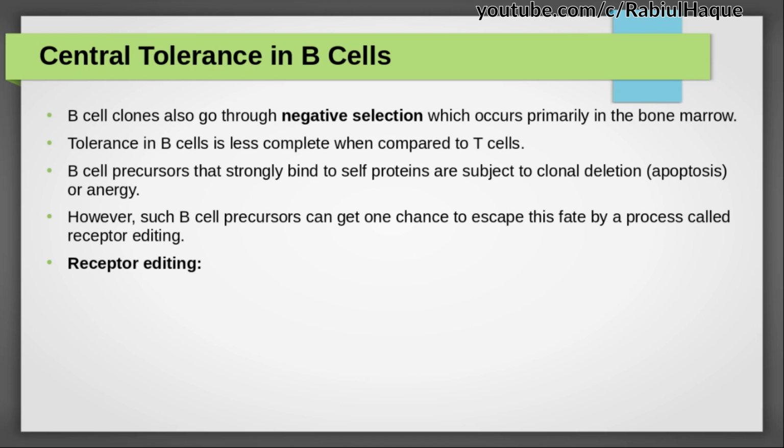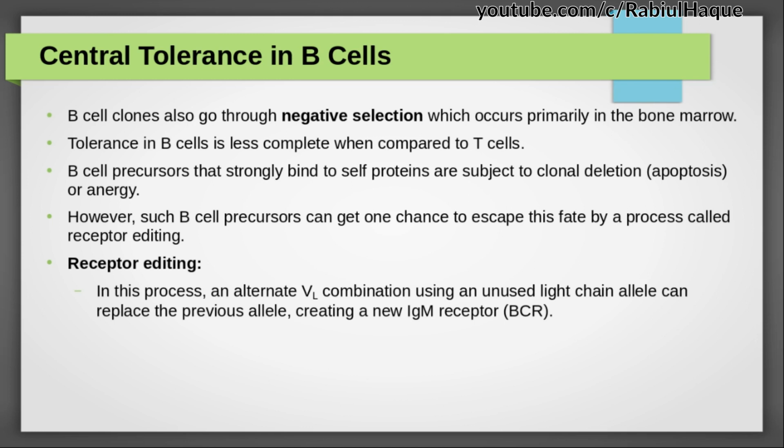So we have a lot of variants or alleles that can make the light chain. So what is happening in receptor editing? In this process, an alternate VL combination is made by using an unused light chain allele, and that can replace the previous light chain allele, and that will create a new light chain.